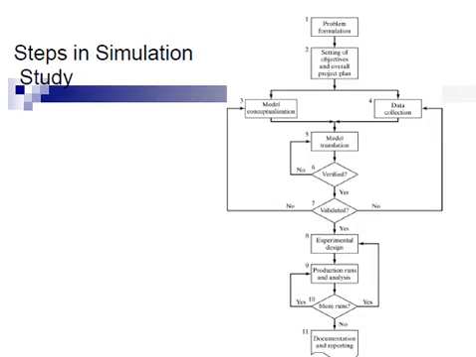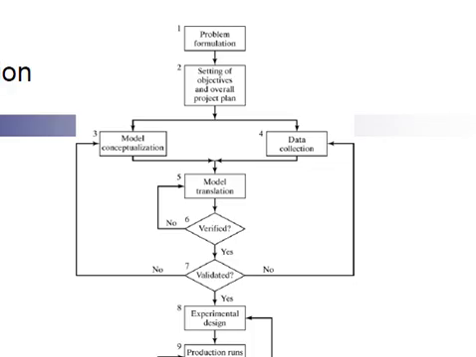Let's talk about the steps involved in a simulation study. It's a very easy flow diagram. First of all, let me zoom it in for you. First, you need to do the problem formulation part.